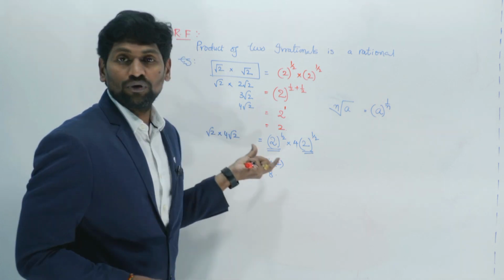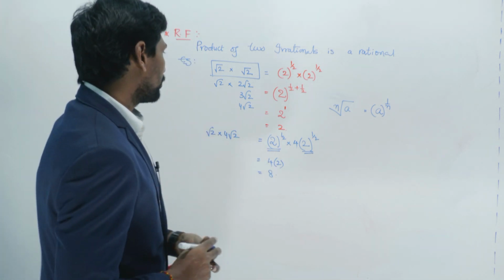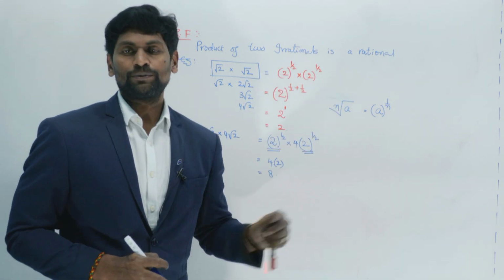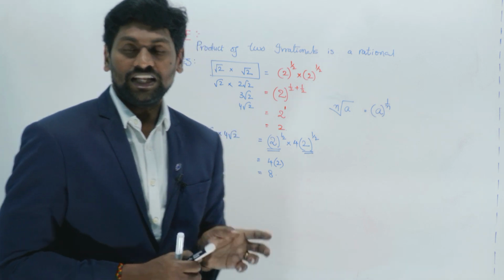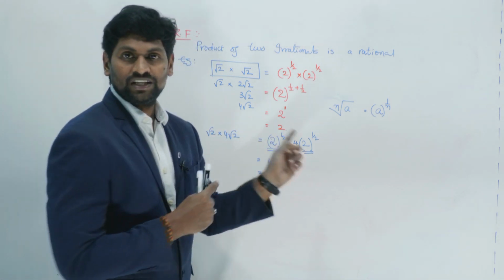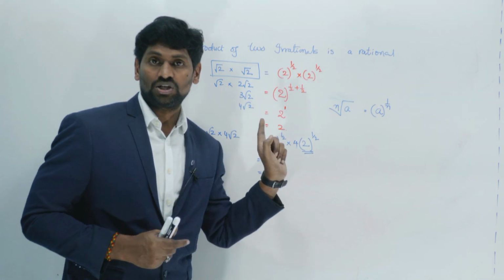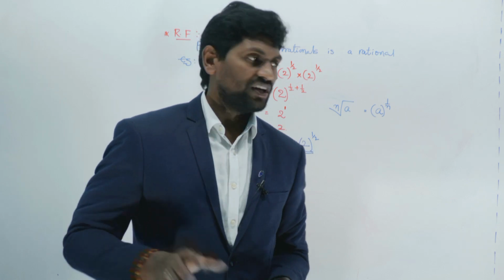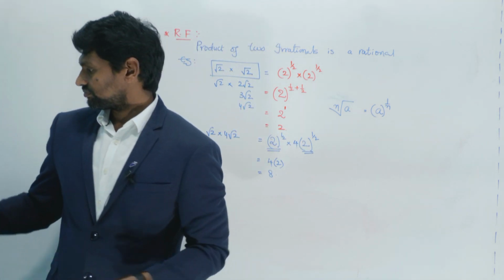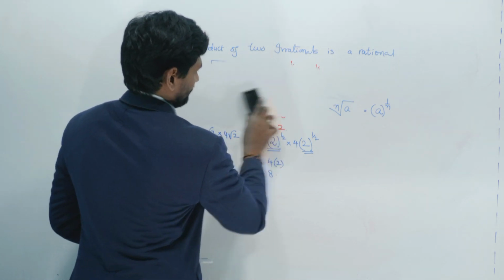So root 2 into 4 root 2 is 8, and 8 is a rational number. So for root 2, we have multiple rationalizing factors. The product of two irrationals becomes rational, so each of the irrational numbers is called a rationalizing factor. Clear until then? Let us see the rationalizing factor of some other numbers.